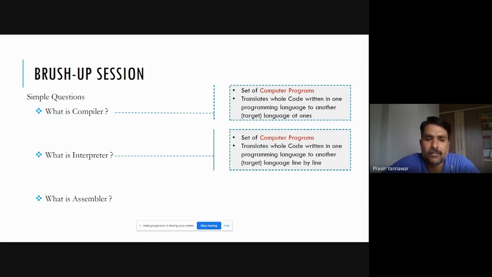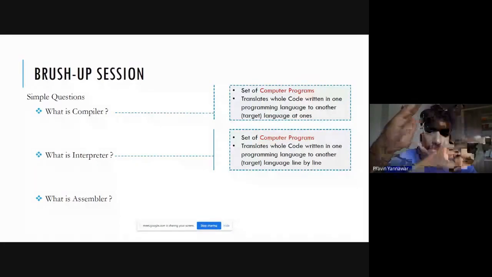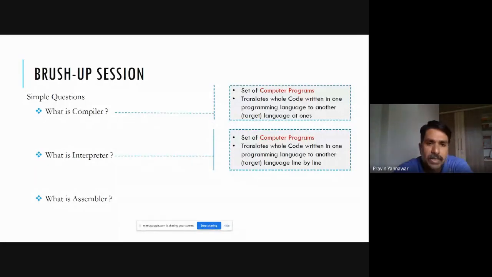Next, what about the interpreter? An interpreter is again a set of computer programs. It translates whole code written in one programming language into another language line by line. So it does the whole work, but the translation will be line by line. It will translate one line after another, right? As far as comparing is concerned, error detection at once will be there in the compiler, but error detection will be checked line by line in the interpreter.